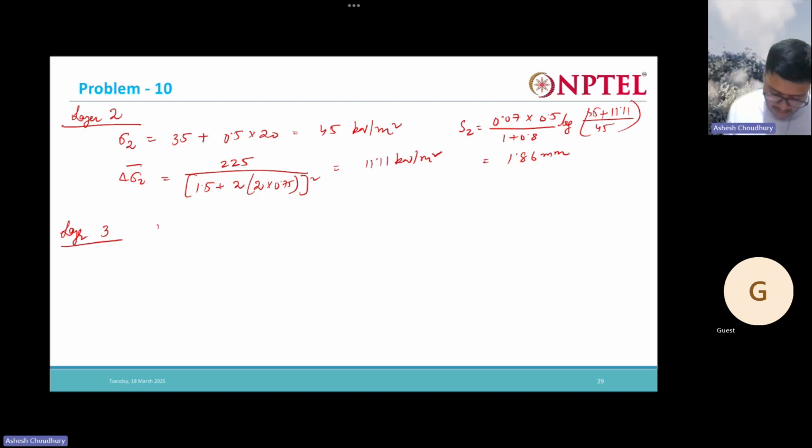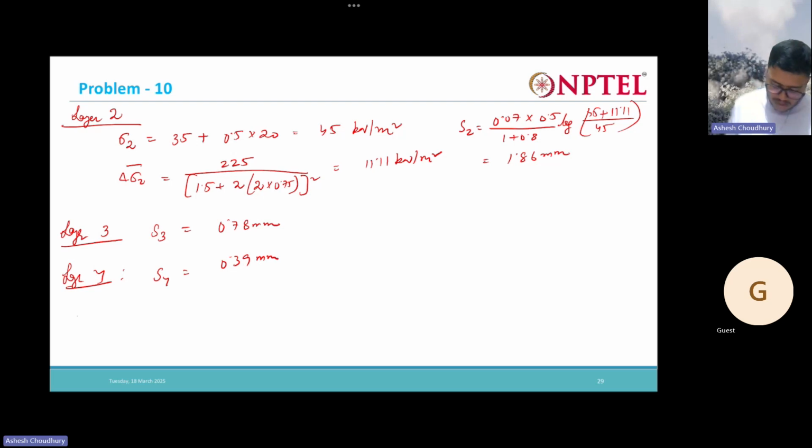Similarly, for layer 3, we'll get S3 as 0.78 mm. And layer 4, I'm not repeating, so directly giving you the settlement values. Layer 4, you will get 0.39 mm.